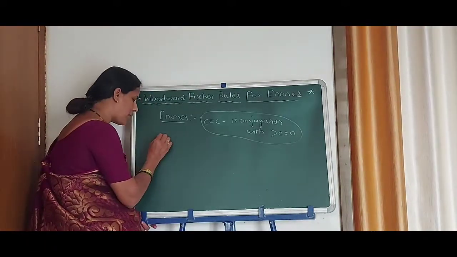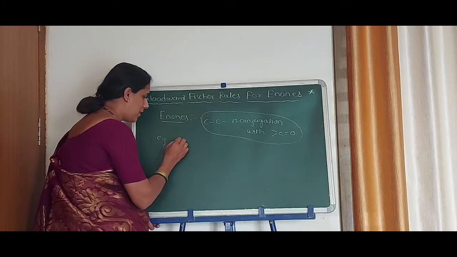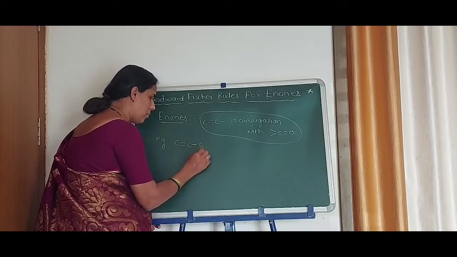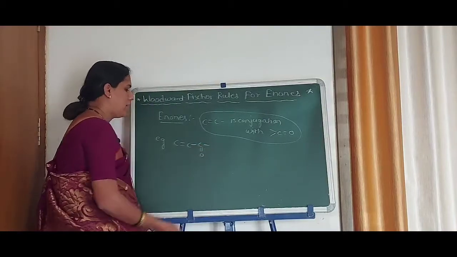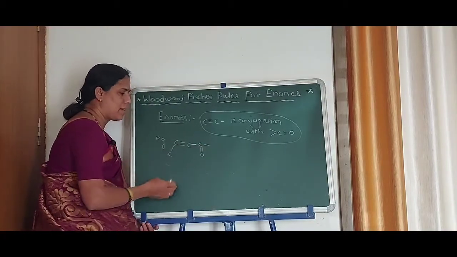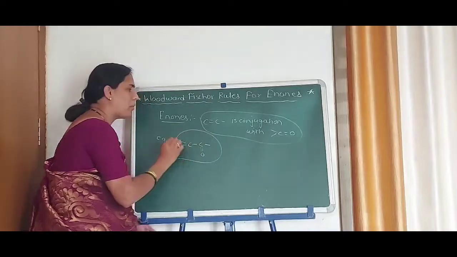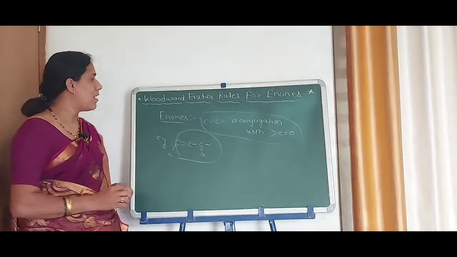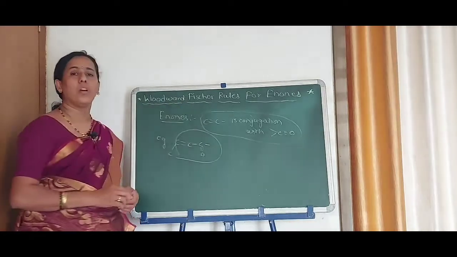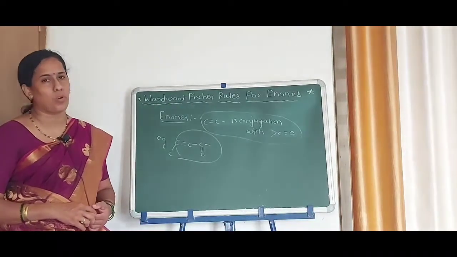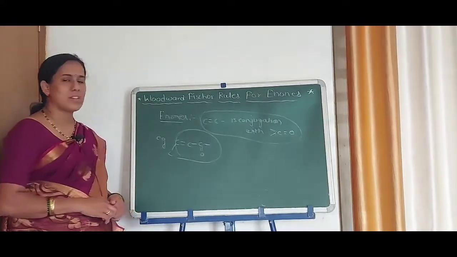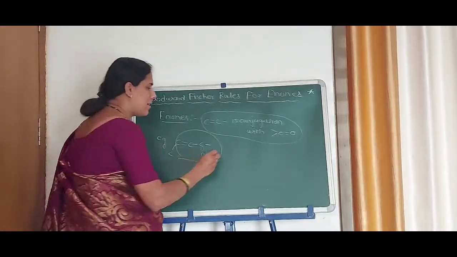The general representation for an enone is C=C, C=O. When this linkage is present in our compound, we can call it an enone. Last time we discussed Woodward-Fieser rules for dienes. What is a diene?